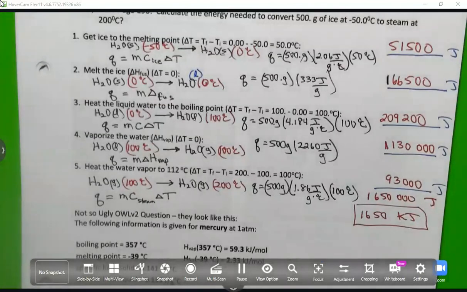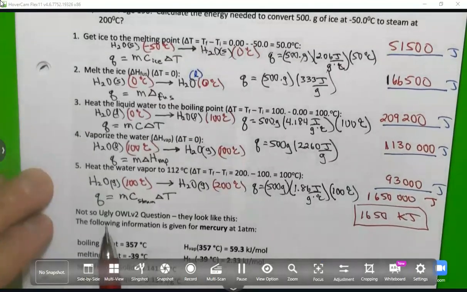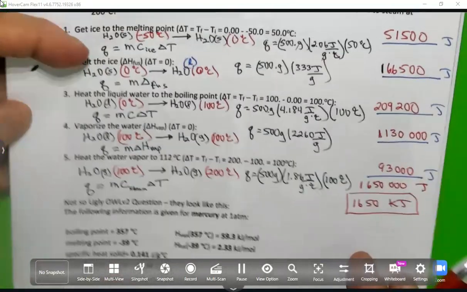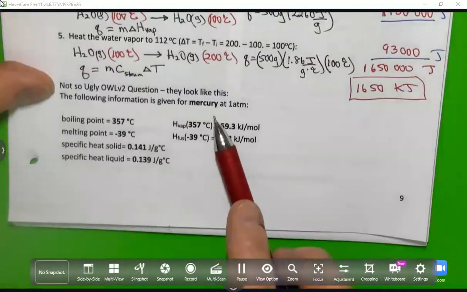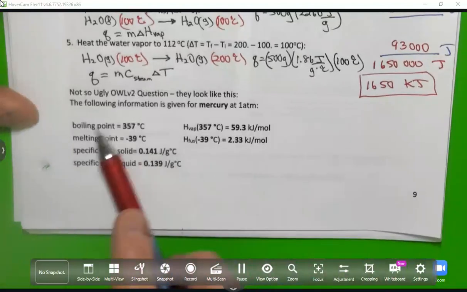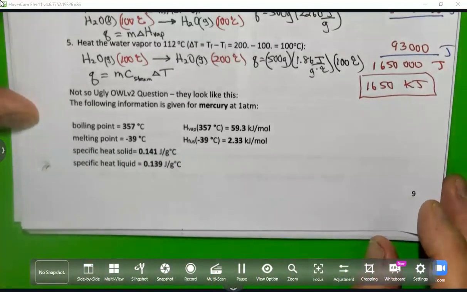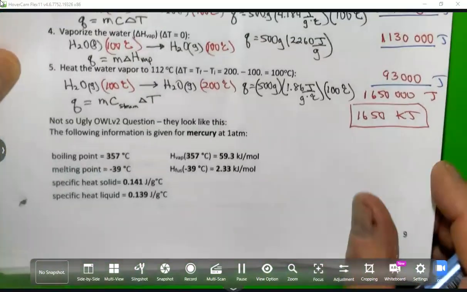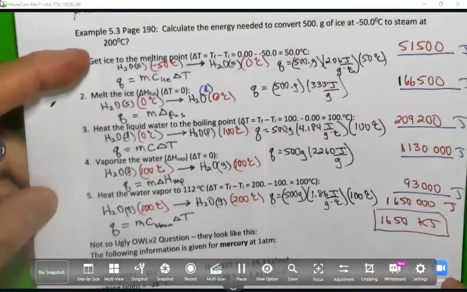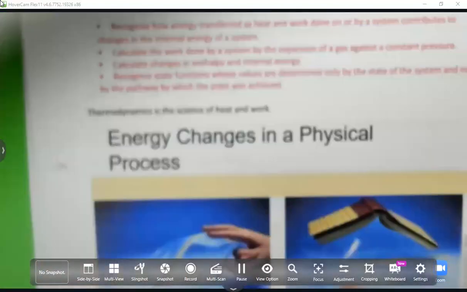I've got it labeled not so ugly OWL, but it does mercury. And it gives you all this information for mercury. So let's go to the next page. We'll have to page back as we look at this.